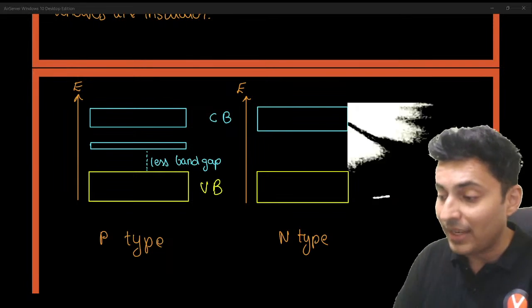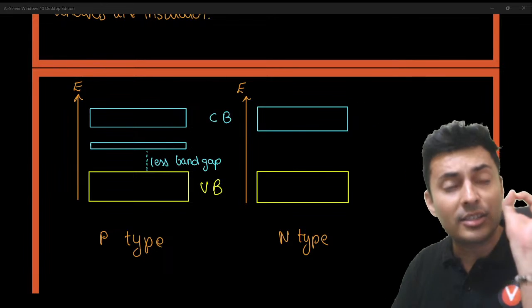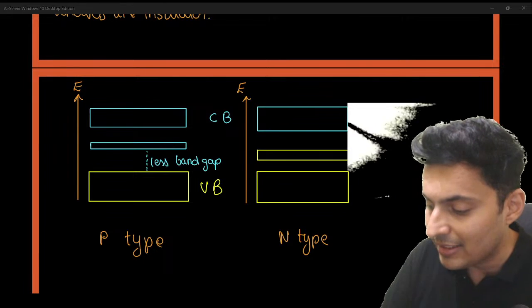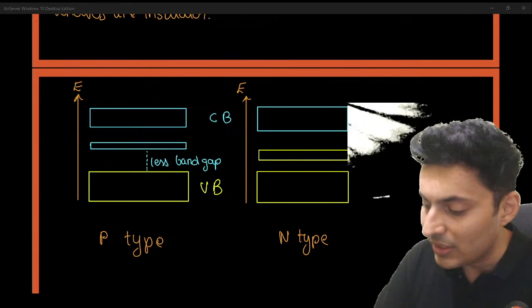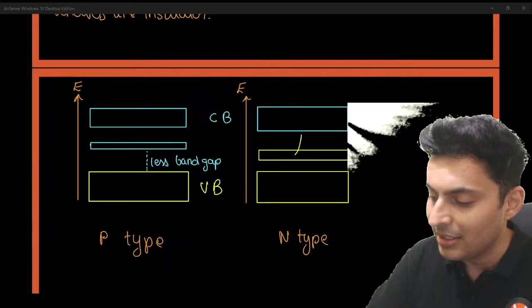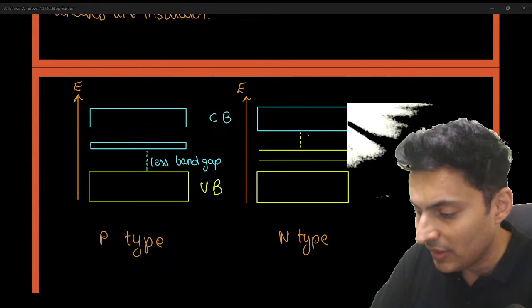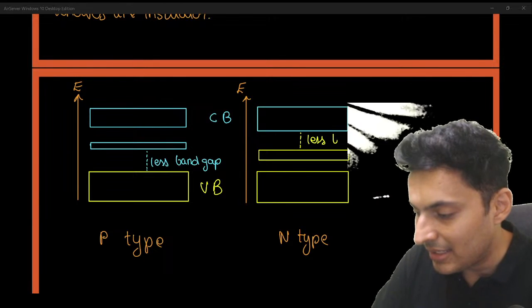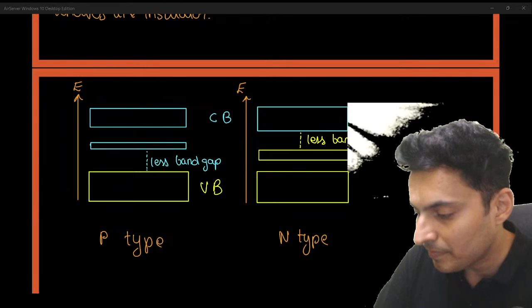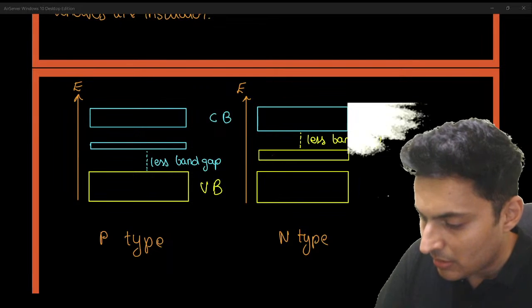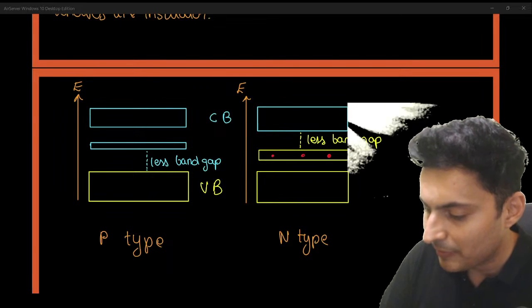Whereas in case of n-type material, you add an extra electron, so they participate near the conduction band. Now these electrons can easily jump from here to here. So again, they create a sensation of less band gap. Right over here, new electrons have been added.